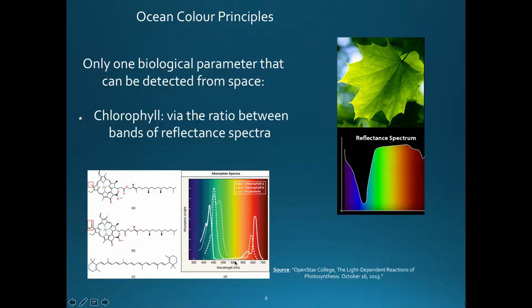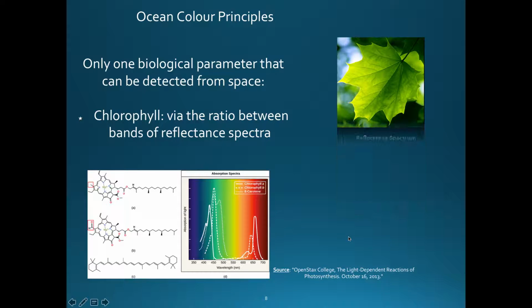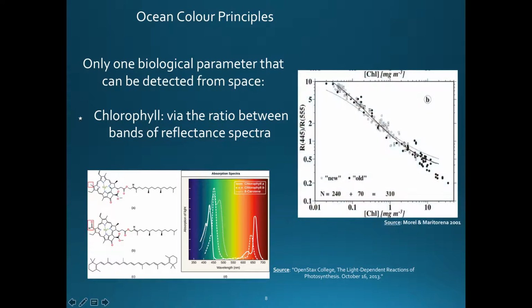So when you divide the reflectance from this part of the spectrum by this part of the spectrum, you get a very good correlation with chlorophyll content. So it is via the reflectance ratio that you can understand the content in chlorophyll.